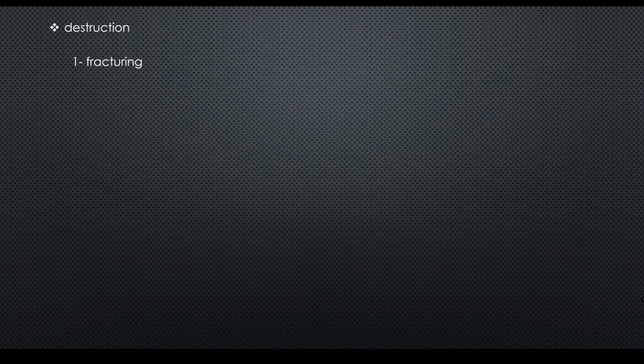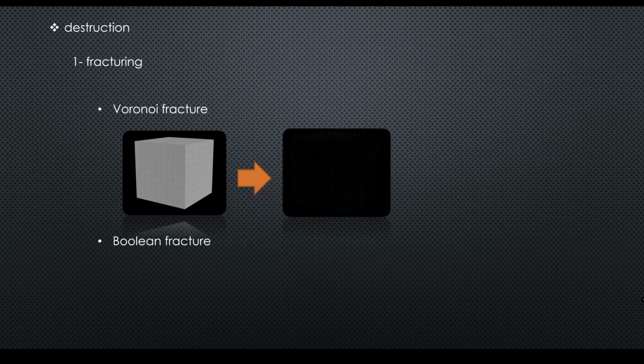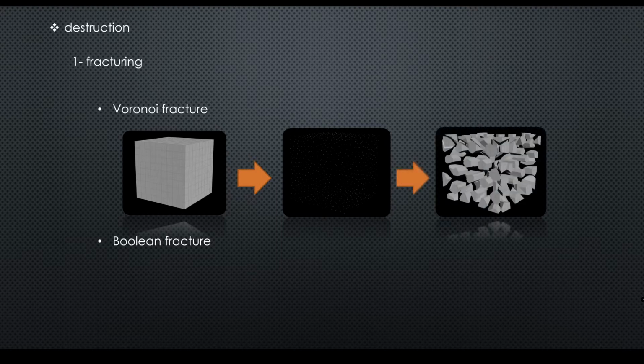There are two main ways in Houdini to fracture an object. First, Voronoi fracture, and then Boolean fracture. In the Voronoi fracture, we need the object and we need some points. When we connect this to our Voronoi fracture node, this node starts and with a greedy algorithm breaks the object into pieces like this, based on the position that the points have.